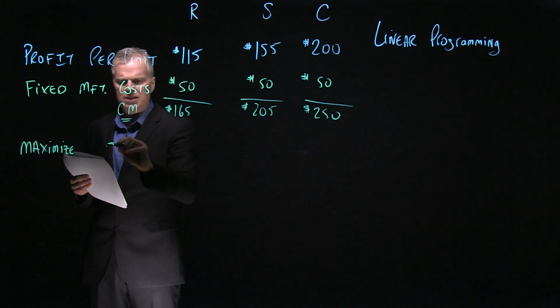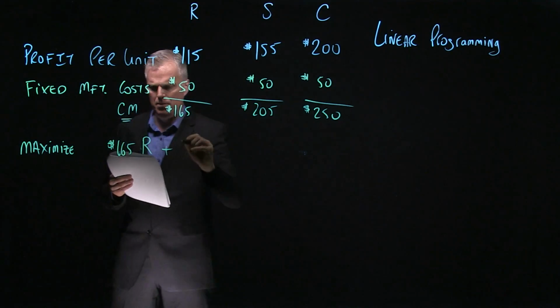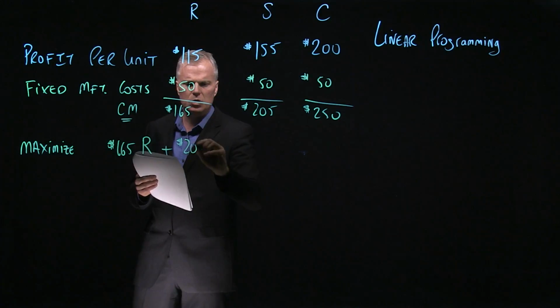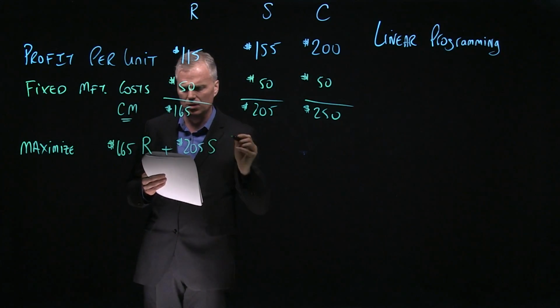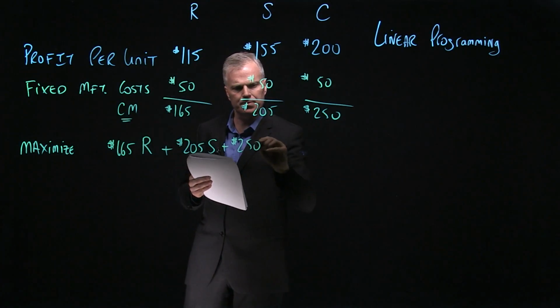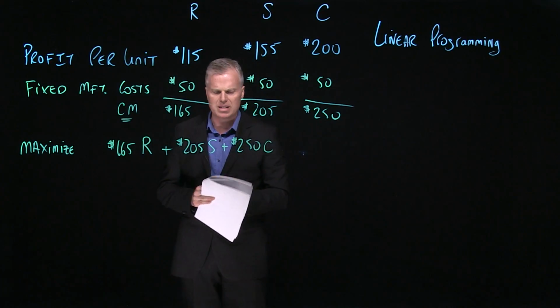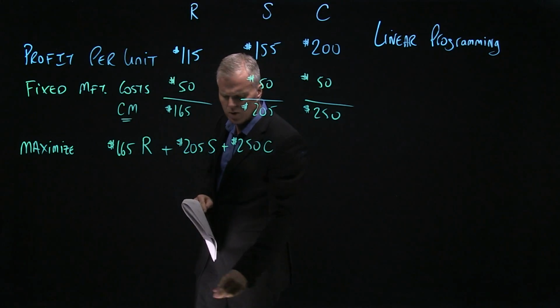So we'll take a look at this and we say 165R plus 205 special plus 250 collector. Now that's setting up our maximization equation.